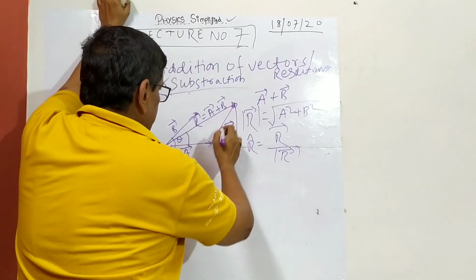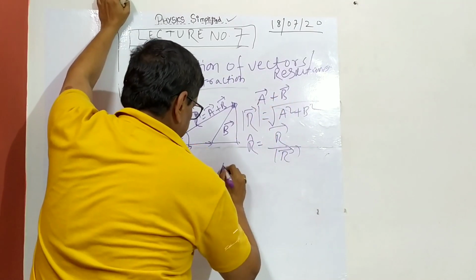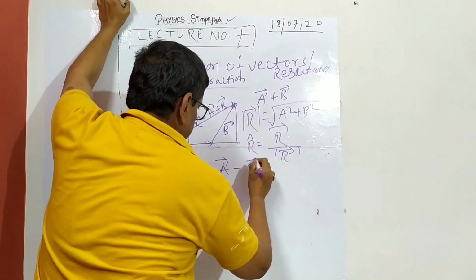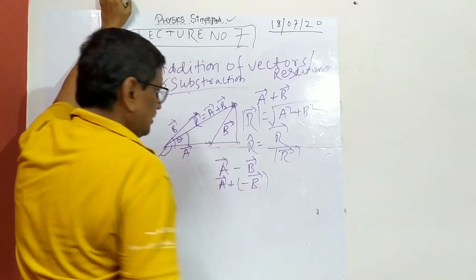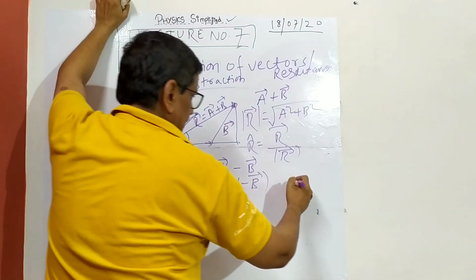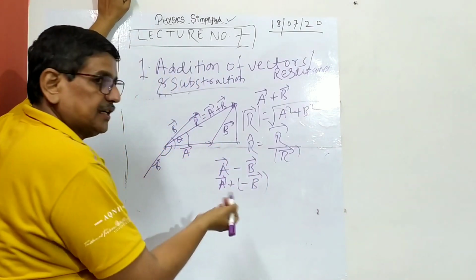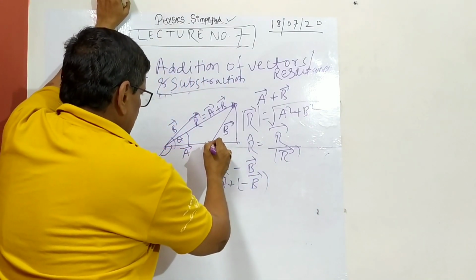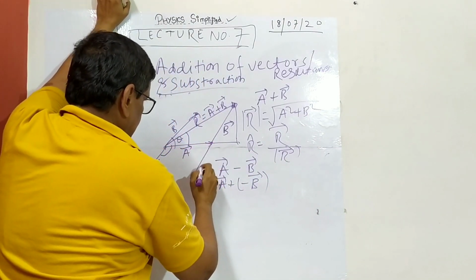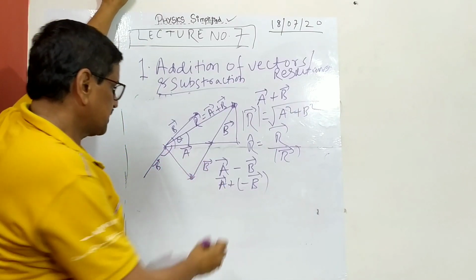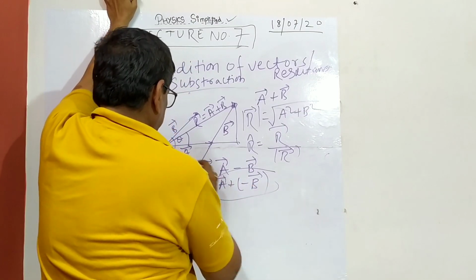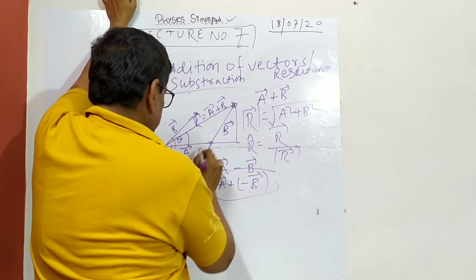For the subtraction portion, what you will do is A minus B, if you write, this can be written as A plus minus B, but that is the catch. So you will reverse the vector, this is B, then the opposite vector, this is minus B, so you will just put from this to this, and then this. So of course A minus B will be less than. So what is this? This is from this point to this point.